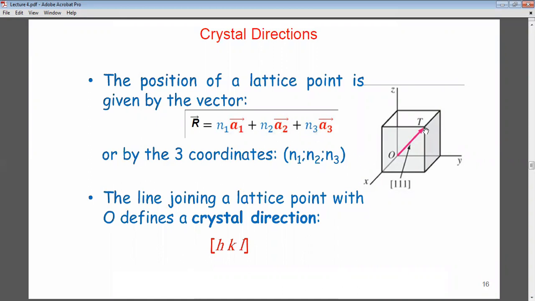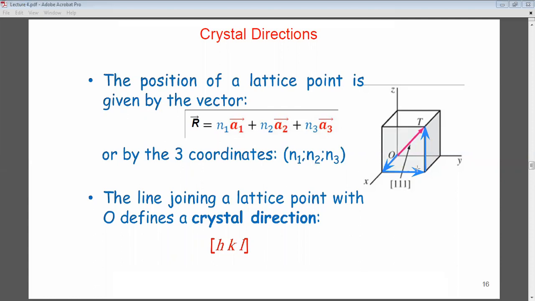So for example, if we want to reach this point over here, T, we have to go first along A1, then one along A2, and then one step along A3, okay? And this takes me from O to T. So these 3 coordinates, N1, N2, and N3, these should be integers, okay?